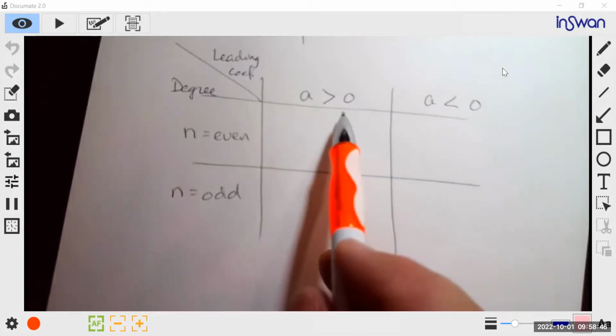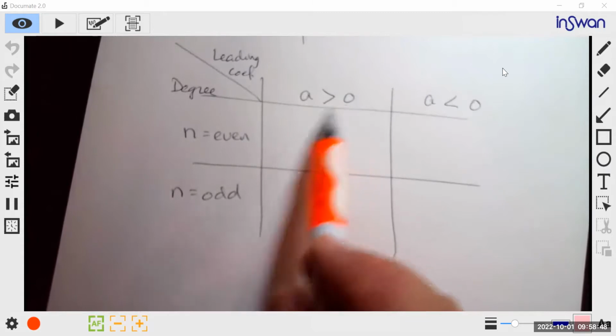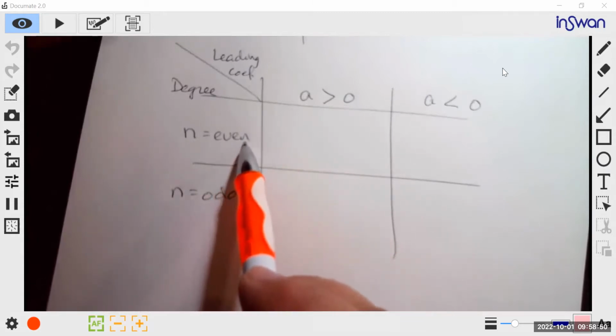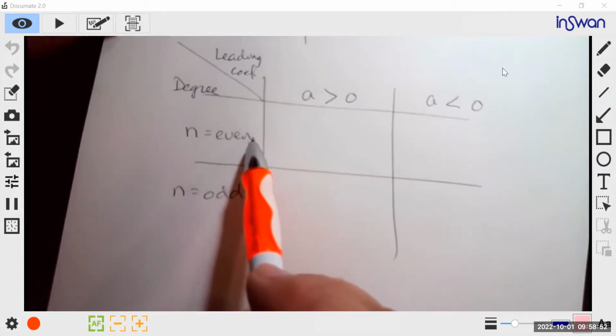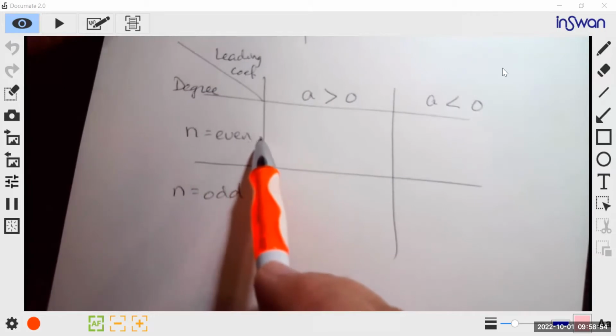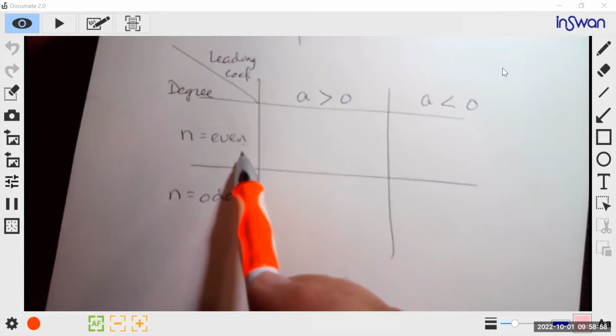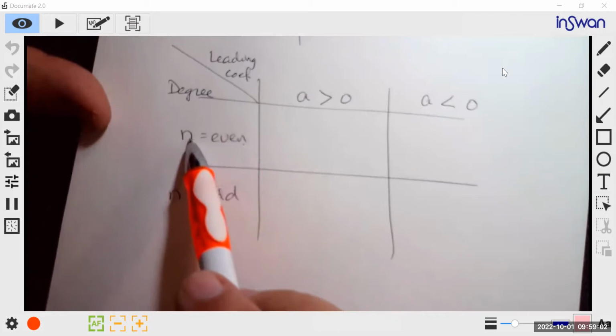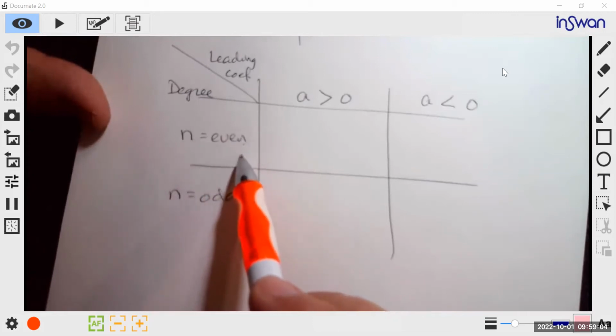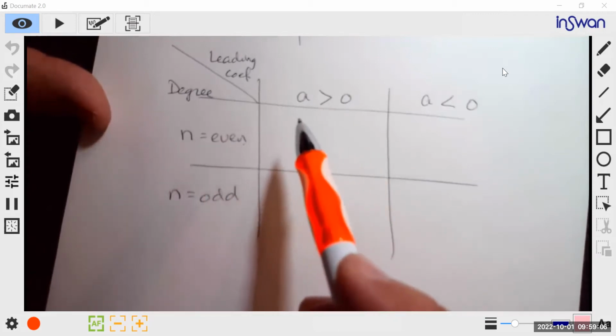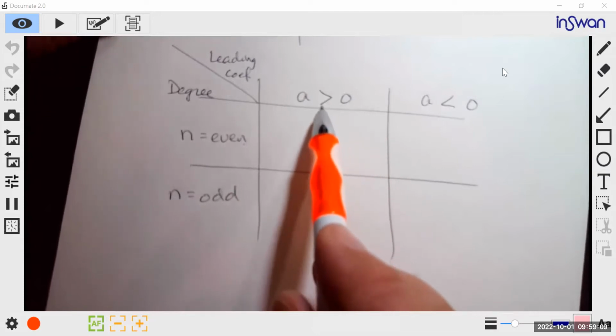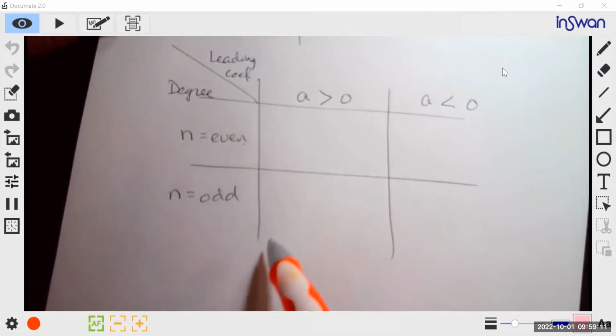So if your leading coefficient is positive and the degree is even, what's the graph going to look like? If the degree is even, 2, 4, 6, 12, 24, and the leading coefficient is positive, what does that tell us the graph's going to look like?